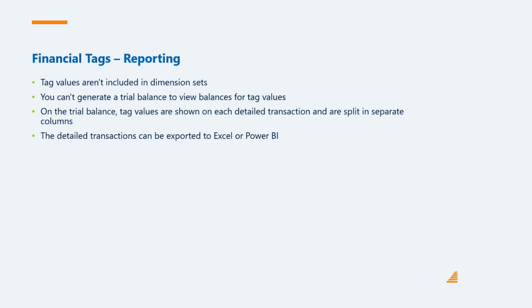But on the trial balance, tag values are shown on each detailed transaction and are split in separate columns, like I showed you for voucher transactions. So it's kind of similar there. And those detailed transactions can be exported to Excel or Power BI, where you can manipulate them the way you want and get the insights that you want using those financial tags.